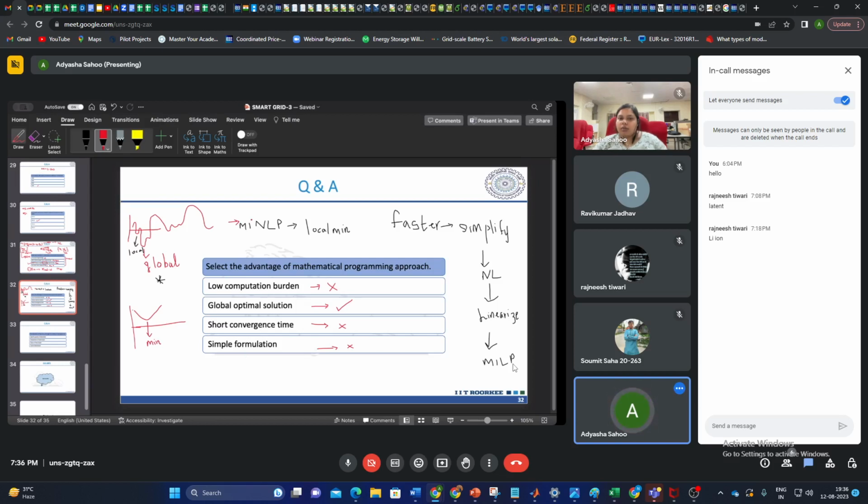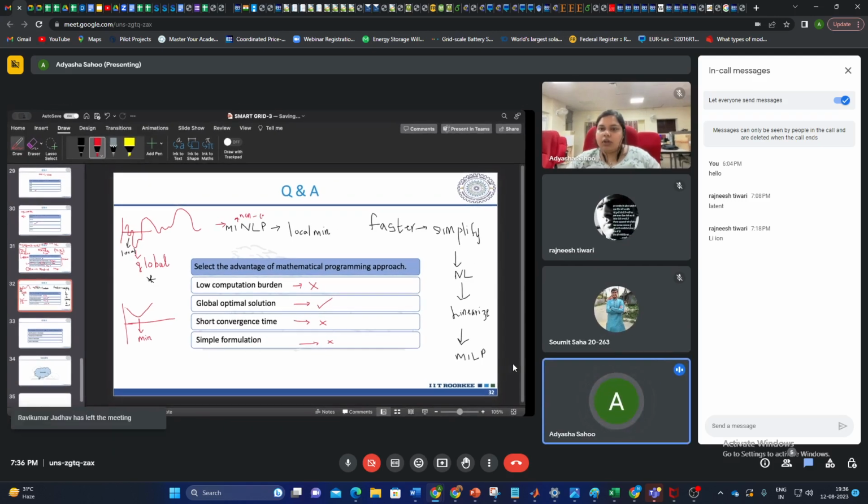So the original problem is non-linear and non-convex. So when we need a faster solution, we may linearize this to get the global optimal solution.